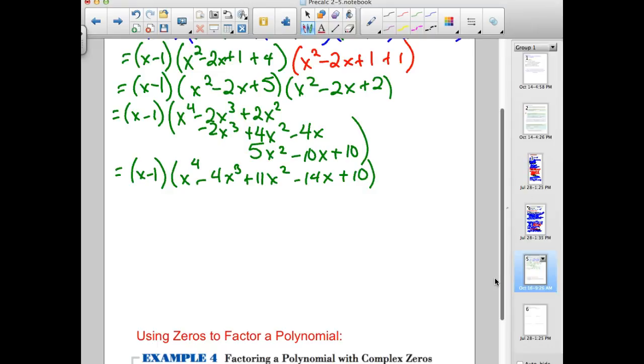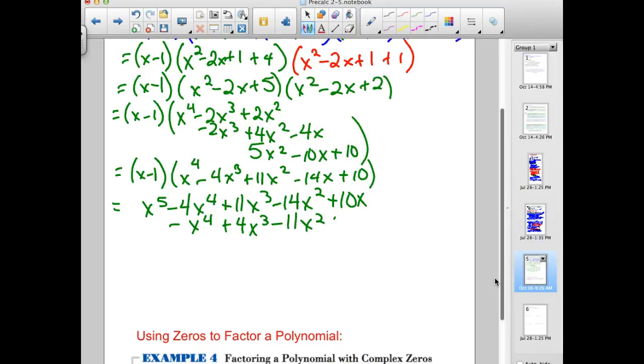And now we finally can distribute that x minus 1 in. Distributing the x gives us x to the 5th minus 4x to the 4th plus 11x cubed minus 14x squared plus 10x. Distributing a negative 1 gives us negative x to the 4th plus 4x cubed minus 11x squared plus 14x minus 10.